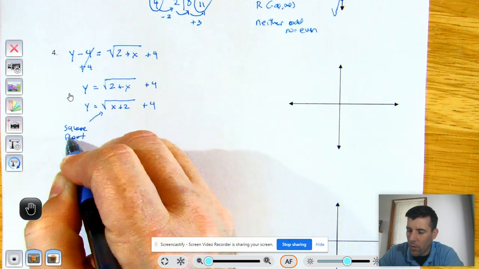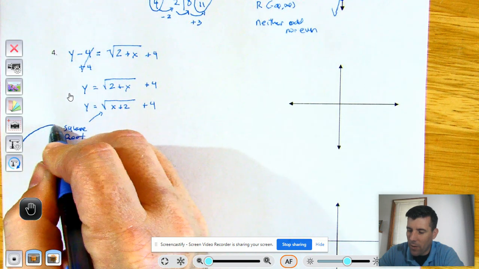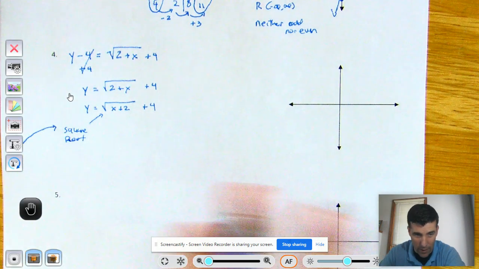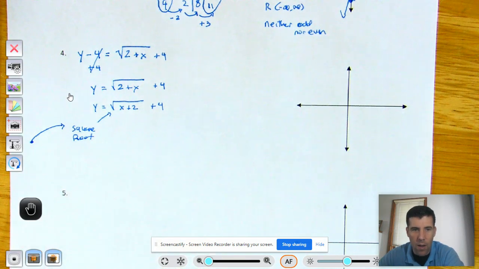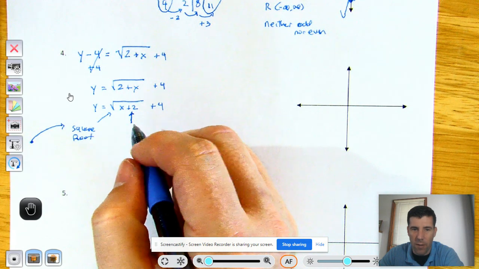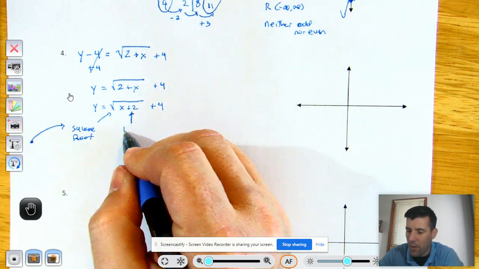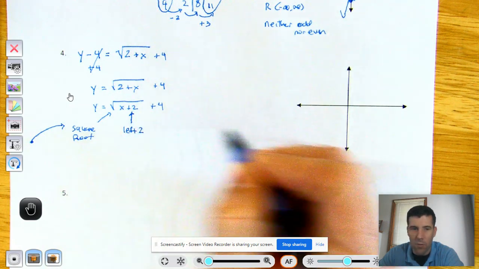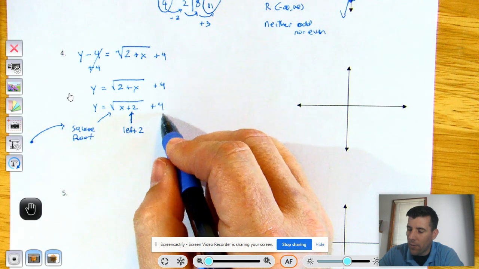So my graph is going to look like a sideways half of a parabola, and I'm going to have a starting point. This plus 2 happens before the function, so that's the left and right. Since it's positive, it behaves the opposite and moves left 2. And then the 4 happens after, so that's up 4 units.